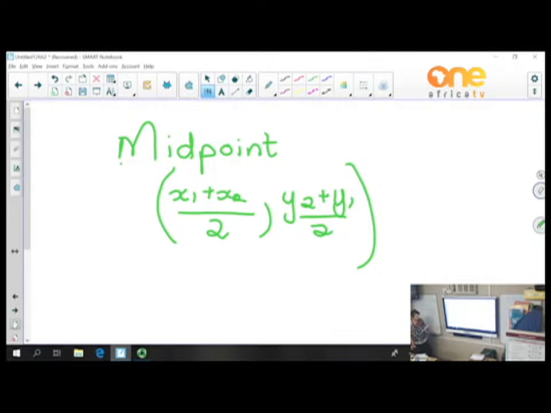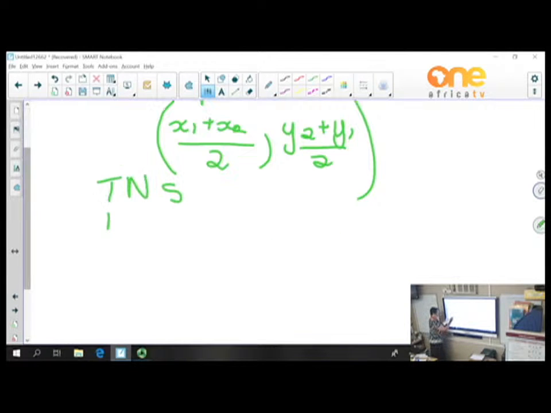Okay, so that you've got the formula then there, and we're now going to do try now 5. Calculate the coordinates of the midpoint between the following points. So try now 5. Let's do the first one. I'll do this one together with you. 1, 4, and 8, 6.